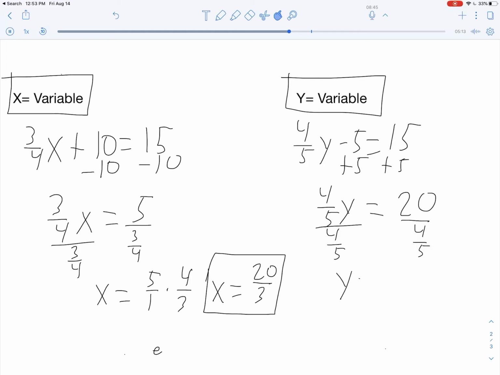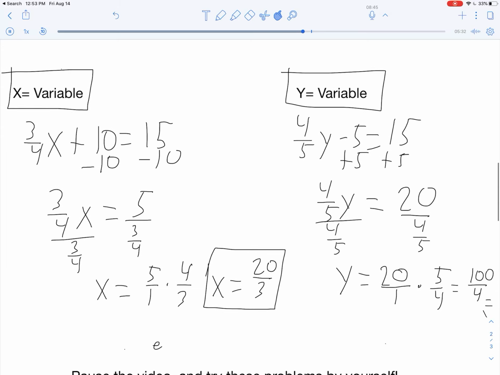And now we have y is equal to 20 over 1. Now we flip what we're dividing by, since it's a fraction, so it's instead 20 times 5 over 4. And that gives us an answer of 100 over 4 is equal to y.